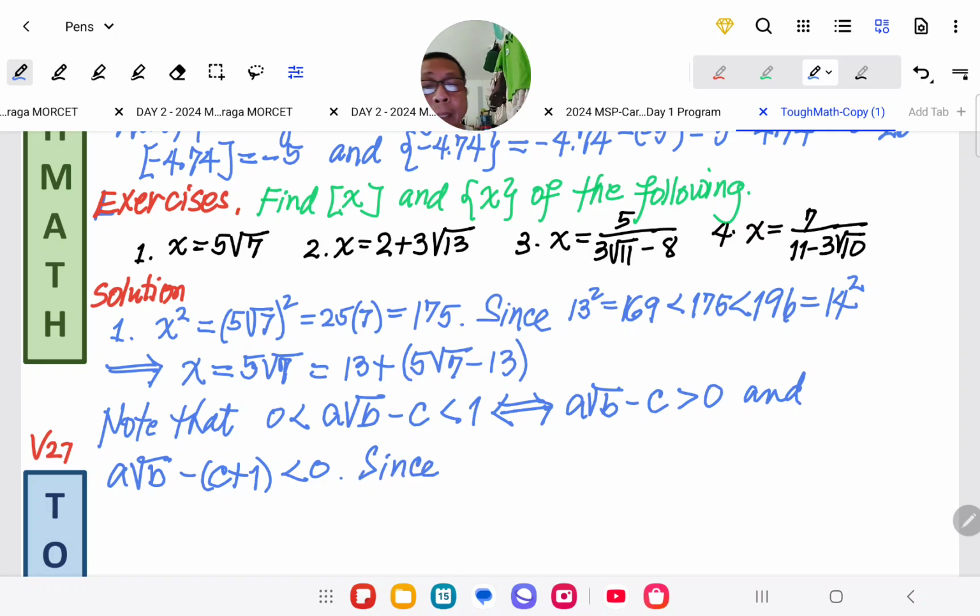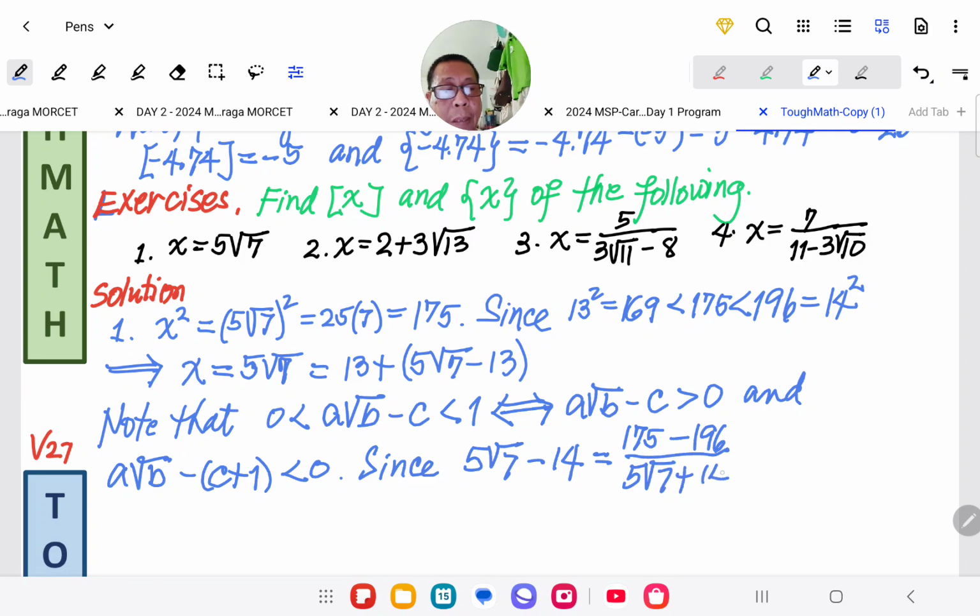Since 5 square root of 7 minus 14 is equal to 175 minus 196 over 5 square root of 7 plus 14, and this is negative 21 over 14 plus 5 square root of 7.